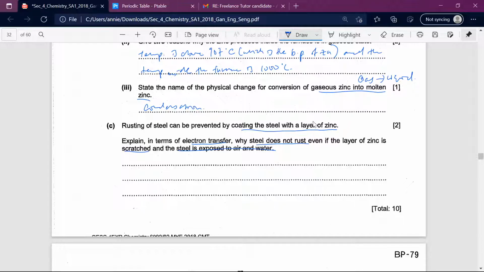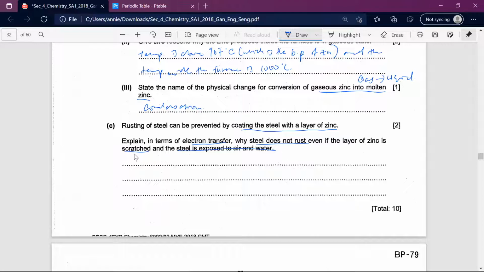Okay, so this is related to your reactivity series chapter, and we know that zinc is more reactive than iron, and because of this, zinc loses electrons more easily and it will react with the air and water instead of the steel. And that is why the steel does not rust.